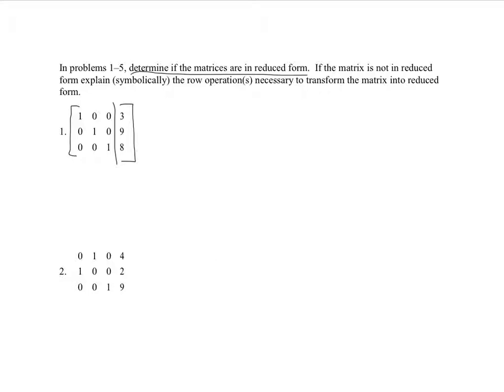The answer is yes. And the reason is because, and I'm writing RREF for a reason, reduced row echelon form, we'll come back and talk about it at the end of this lesson. But notice you have your 1s on the diagonal. The rest of the elements to the left of the vertical line are 0. So nothing needs to be done to this matrix. You can recognize the answers in the form that it's written.